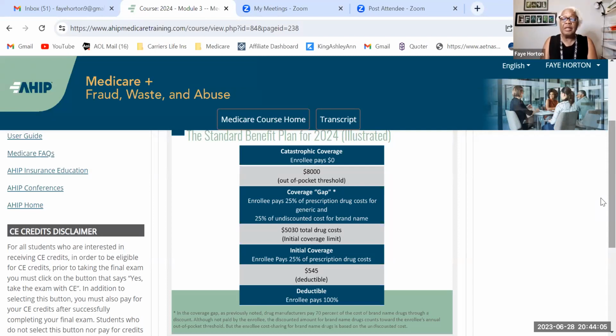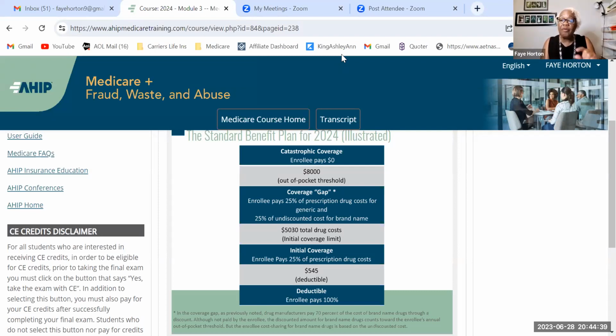After the deductible, there's the initial coverage. For those plans that have no deductible, the individual is immediately into the initial coverage. This is where the enrollee pays 25% of prescription drug costs. $5,030 is the total drug cost for that initial stage. Again, the standard model is a co-insurance of 25%.